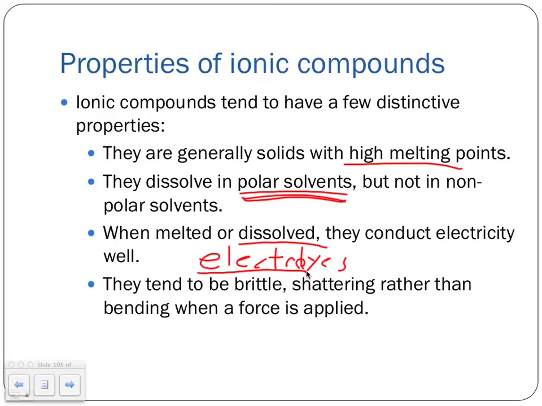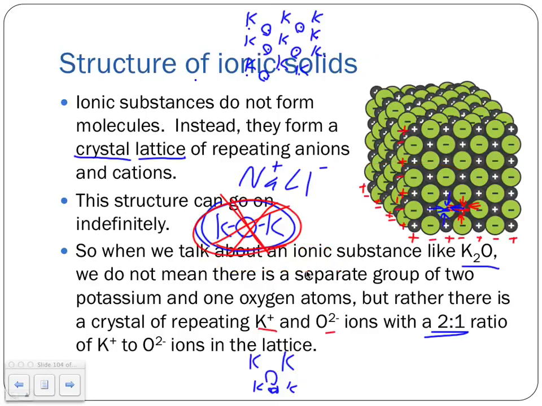Next thing, ionic compounds tend to be brittle. They tend to shatter rather than bend when a force is applied. I can talk about that one really quickly here, and the reason why that's true is because they have these regular repeating patterns. If you were to put a force on this, pushing really hard on this side and the other way on this side, they will tend to crack along some plane in between. They don't tend to bend, because to bend, these atoms have to slide out of place.